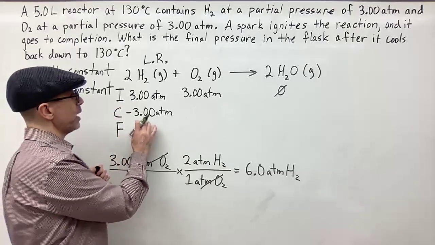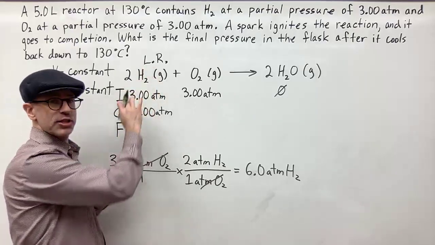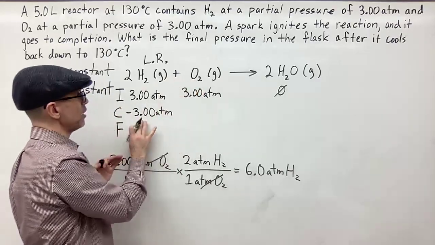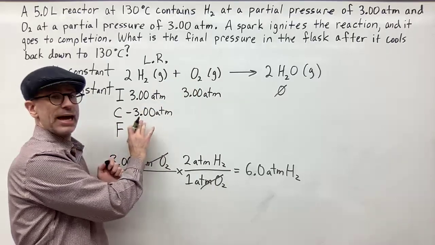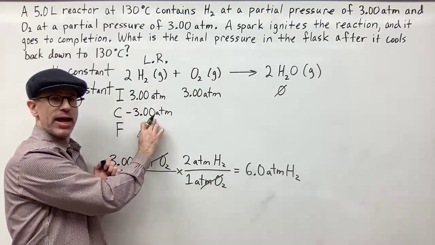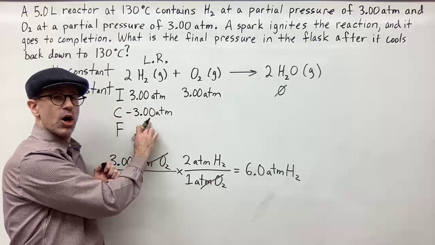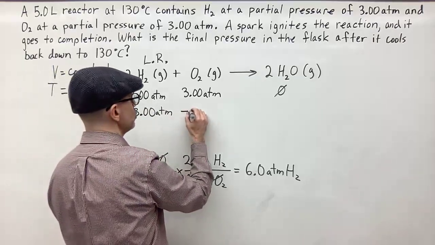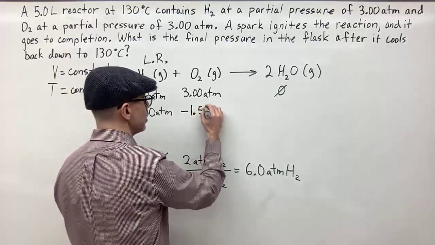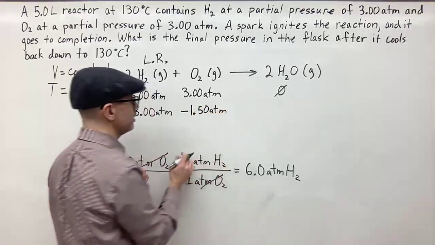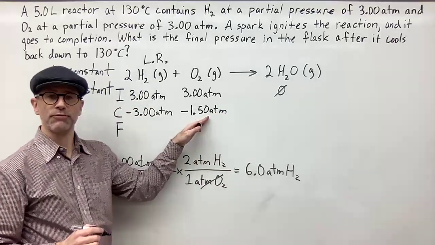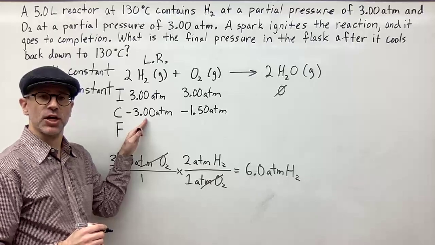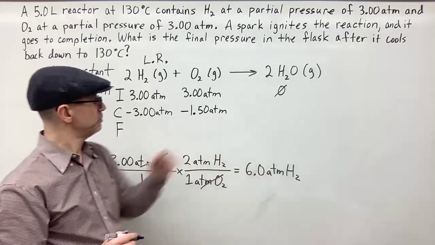But remember, for every 2 hydrogen, I need 1 oxygen. So I need half the amount of hydrogen. Since I have 3 atmospheres that react, this is going to require 1.5 atmospheres of oxygen. So I'm going to lose 1.50 atmospheres of oxygen, because that 1.5 is needed to react with the 3 atmospheres in order to form water.